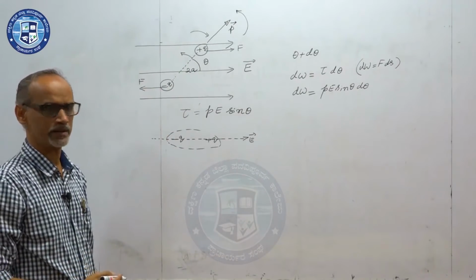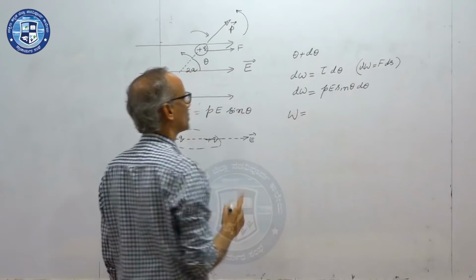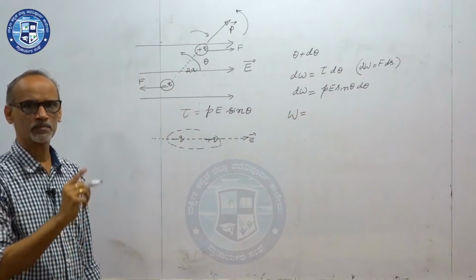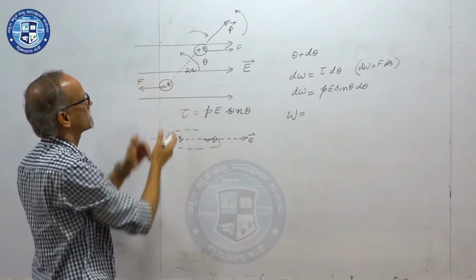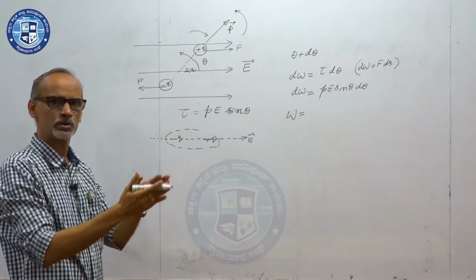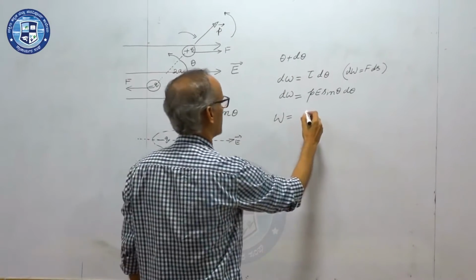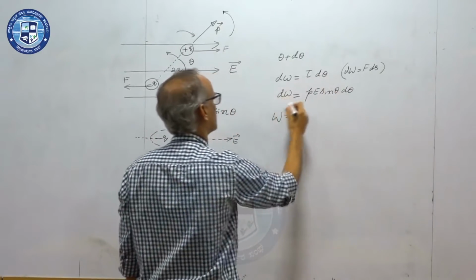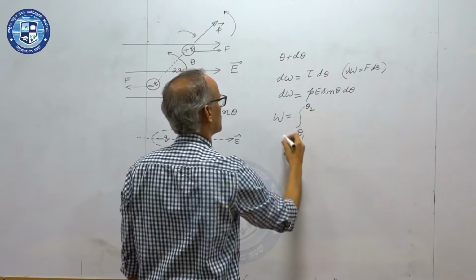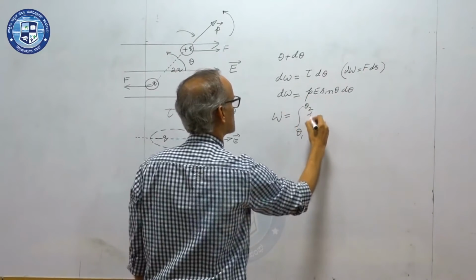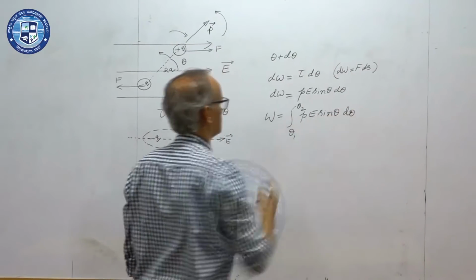So, if I have to calculate the total work done in rotating the dipole from any one position, which makes an initial angle theta 1, to a new position which is theta 2, then the total work done is given by integrating dW with the limits theta 1 to theta 2, and dW is PE sin theta d theta.